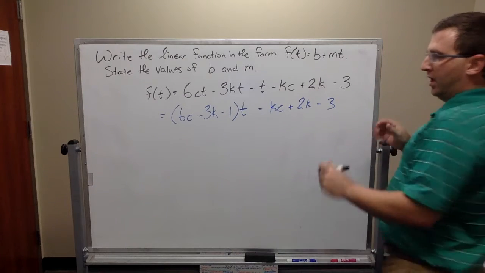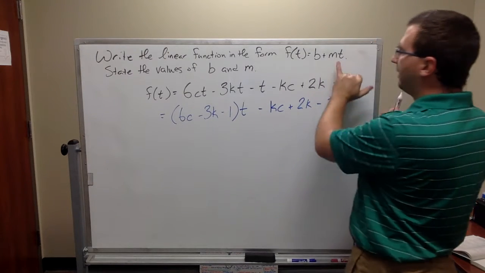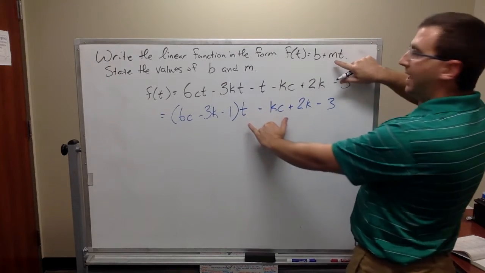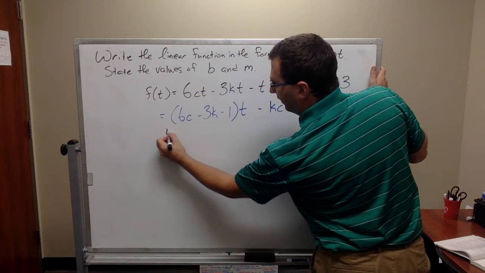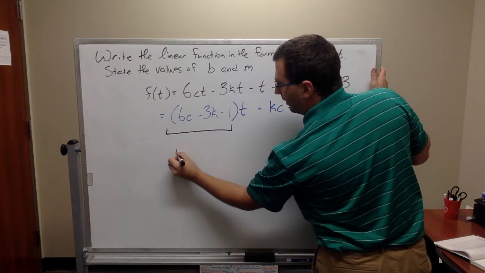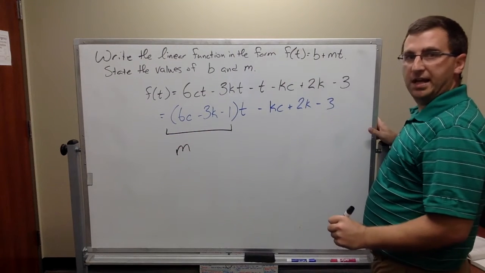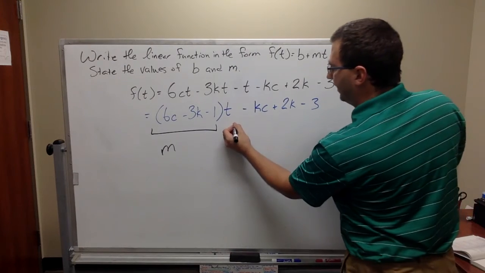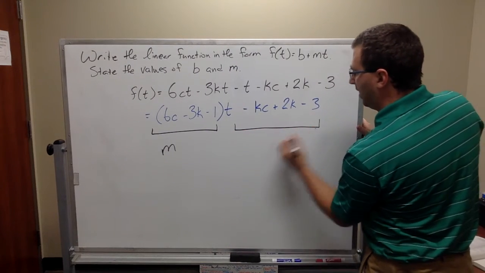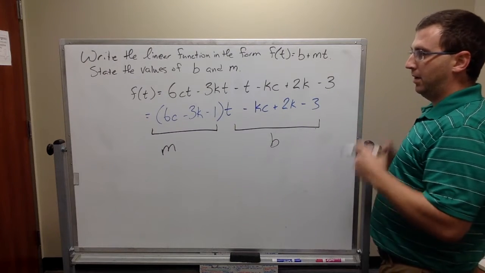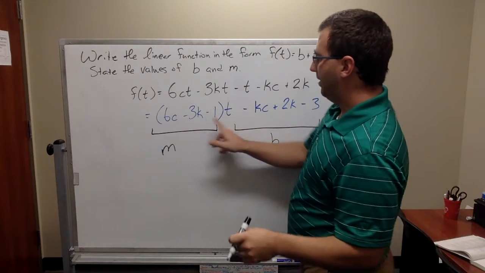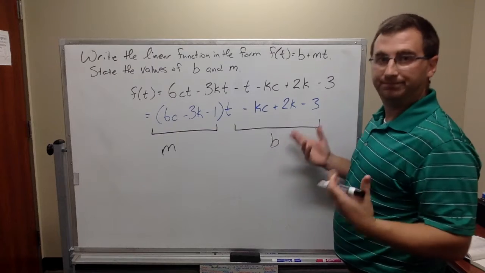So here, we can actually say that the stuff being multiplied by the t, that would be considered our m value. So this stuff right here in the parentheses, that's our value for m. And this stuff right here, that would be our value for b. Okay? So, mt plus b.